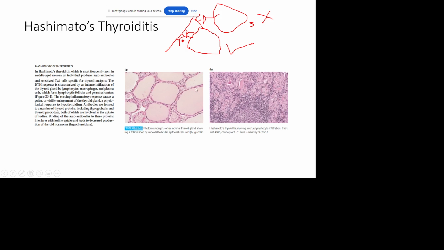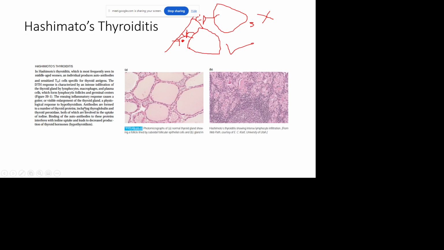hormones, right? Those antibodies, generated due to autoimmunity, will block them, and that will interfere with the iodine intake and the secretion of the thyroid hormone, right?